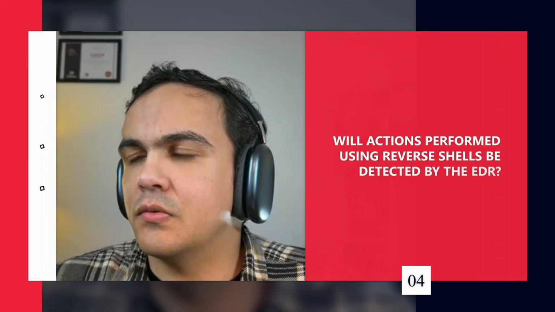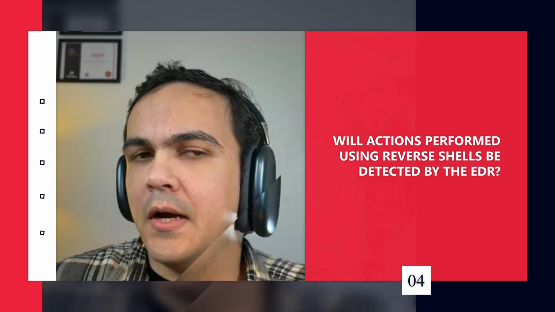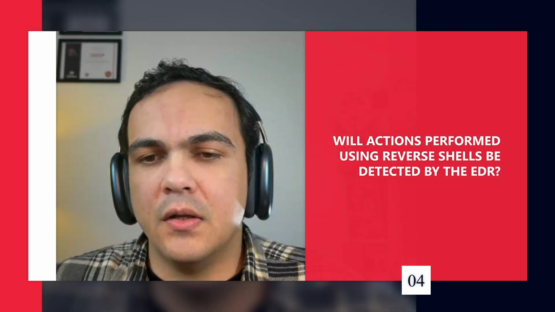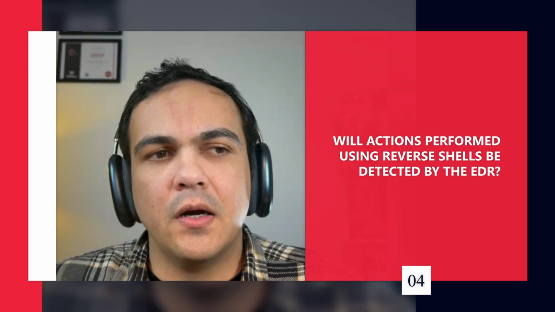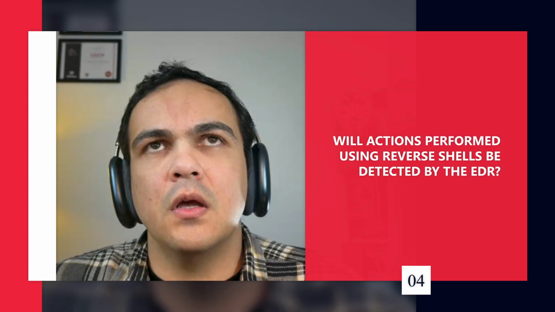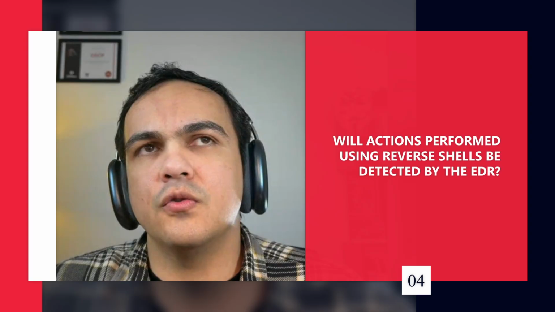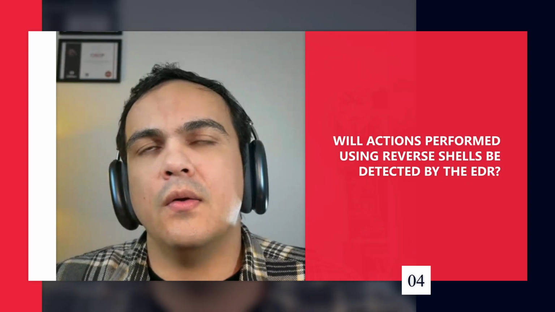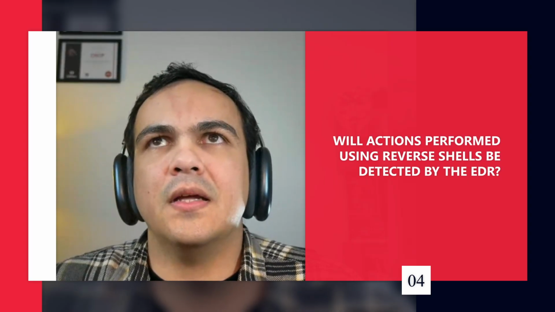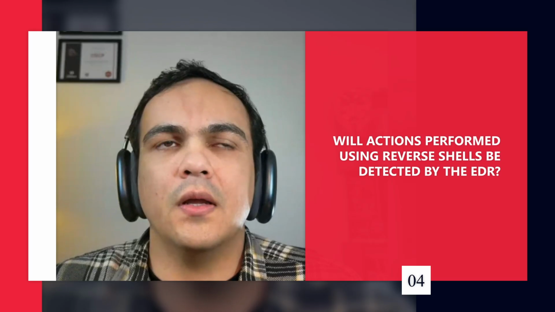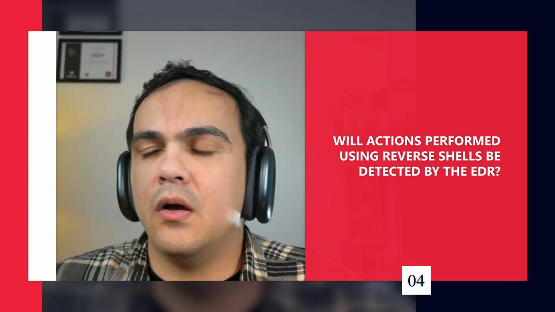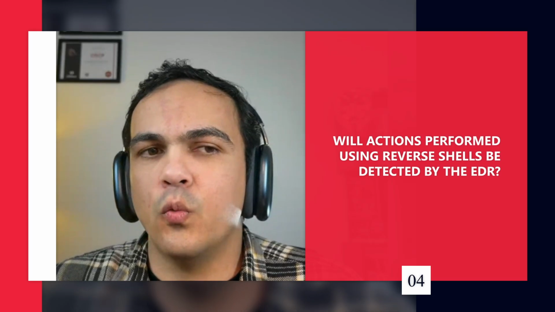Okay, let me see the detection. Yeah, okay. Usually, like I said before, EDR uses behavior to detect. Okay, you need to be sneaky. You need to think, and like I said, that's really important so that you understand how operating systems work.